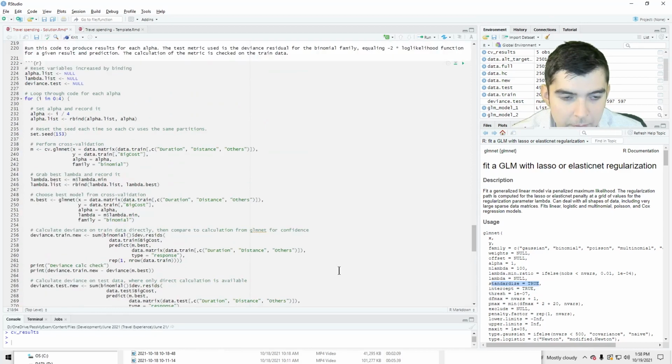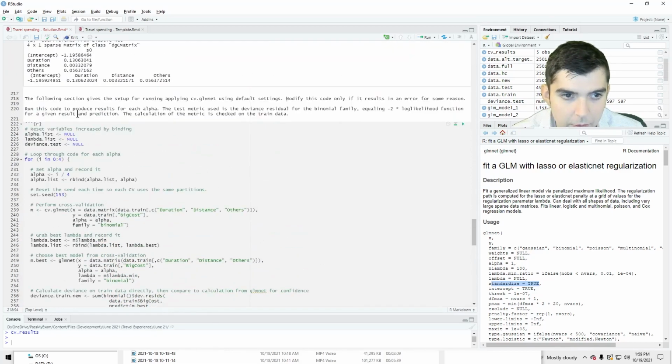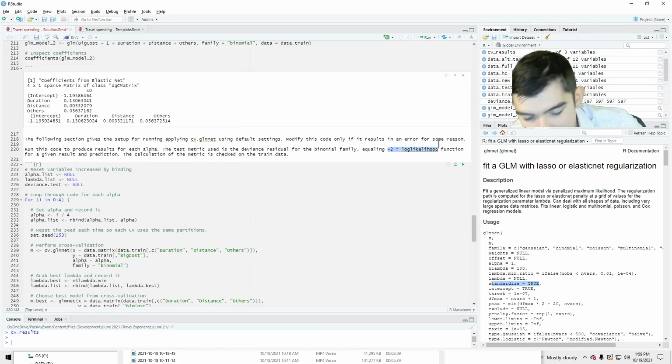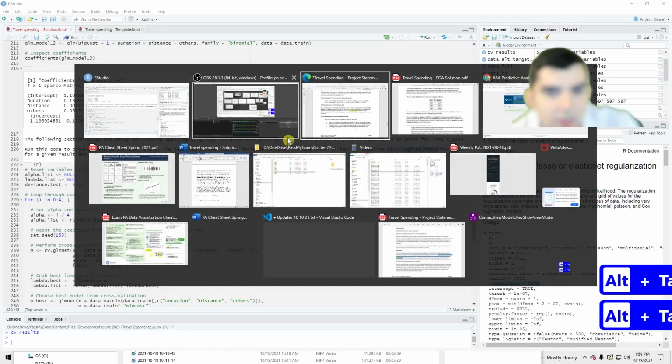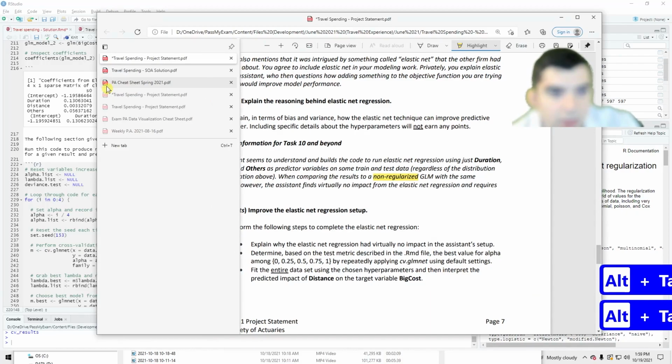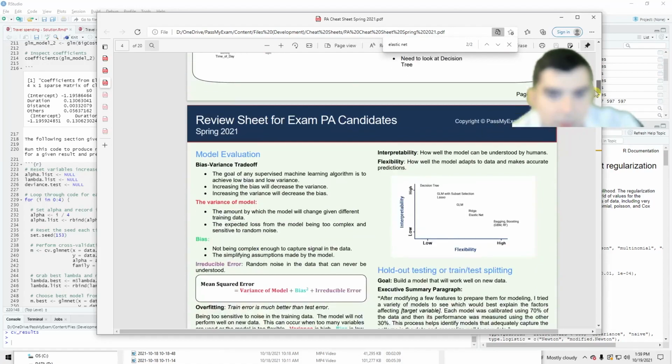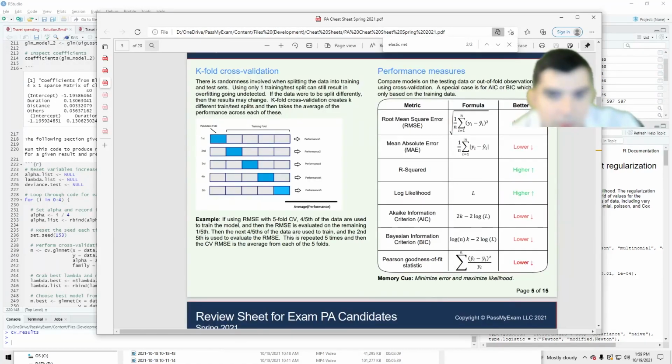And you might be confused by the use of deviance, because typically deviance is not used for evaluating models. And so if you look here and read the description very carefully, you'd say that it's -2 times the log likelihood. And if you look at our cheat sheet under metrics, you will not find deviance there right now.